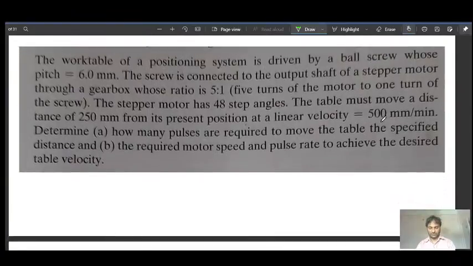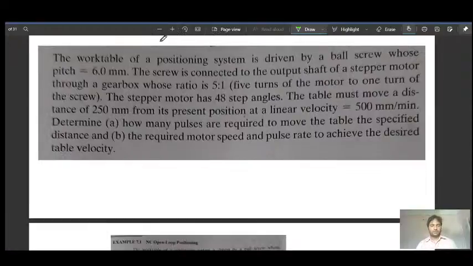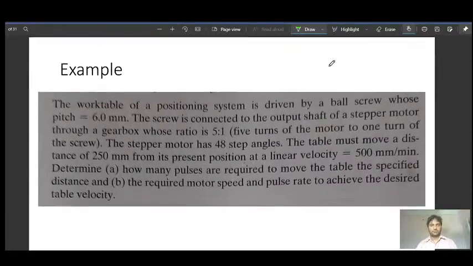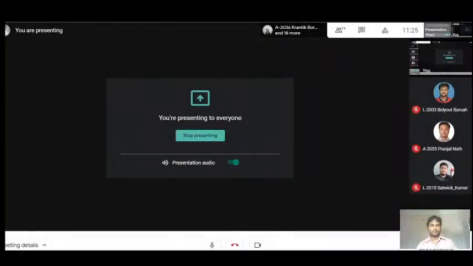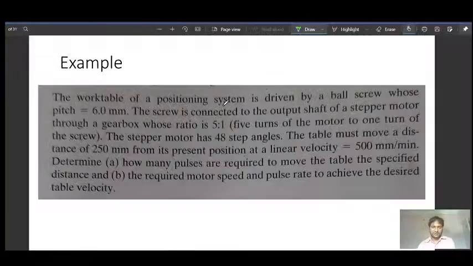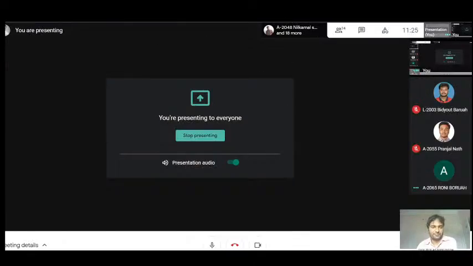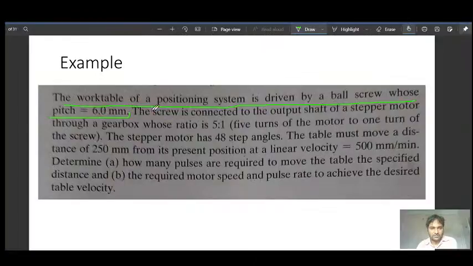Now come to this question. In this question, the work table of a system is driven by a ball screw, which I have accepted. The ball screw's pitch value is given.